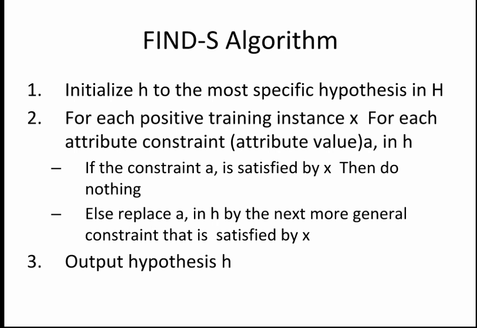As we were saying, most general means any value is possible. So whenever you encounter a changed value in your hypothesis, you will replace it with the more general option, and you need to go on until you are over with your training samples. So the number of iterations will equal the number of training samples in your algorithm.